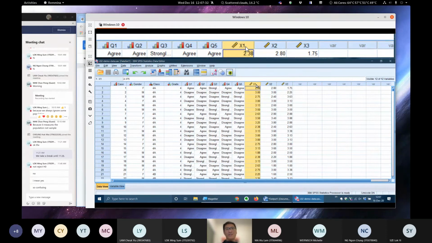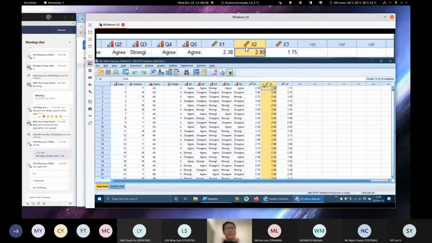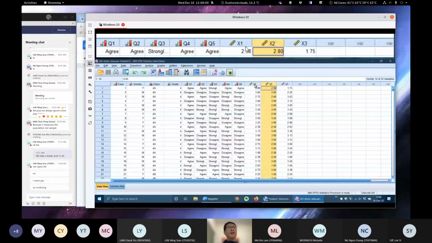And then at the end, you ask them the same questions again, and that will be another variable. I call it a post-test. Post-test means after that. Then I want to compare: is there any change in their view or in their score before and after the intervention? Intervention means what you do to them in the middle. So, is there any change because of the intervention? You want to compare between the two variables.